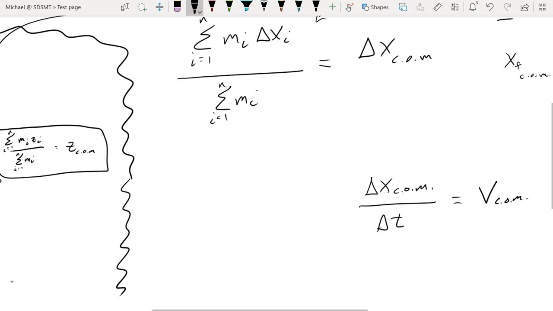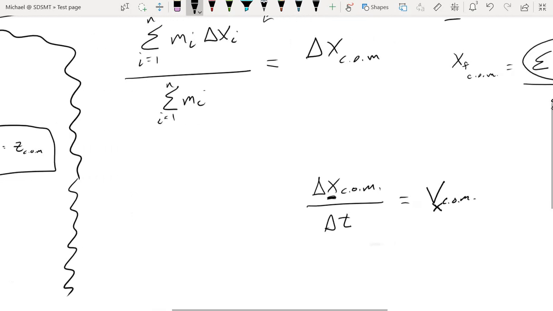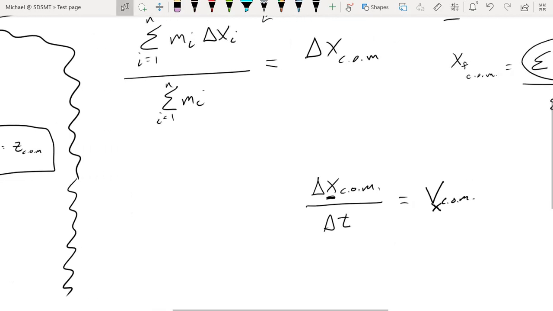So as our center of mass is moving, how fast is it moving? And do keep in mind that everything that we have right now is just for the x direction. And so all we're going to get out of this is the x component of velocity for our center of mass. If I want the y component, then I can go in and change all my x's to y's. If I want the z component, I change all my components to z's.